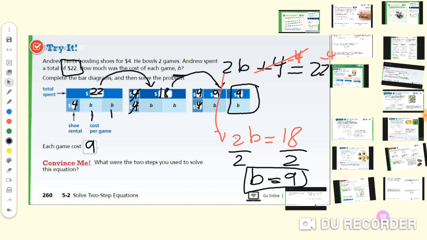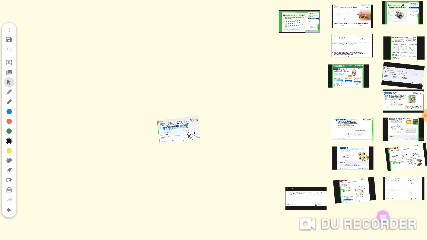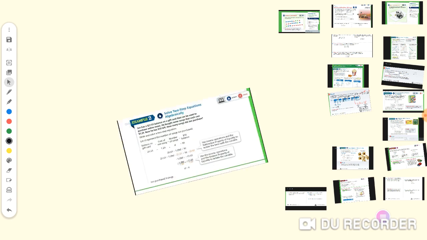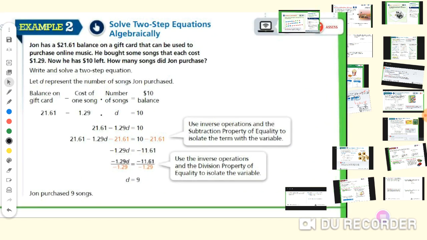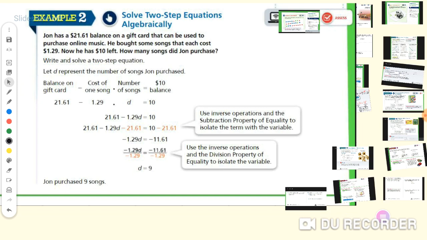Again, let's enrich our studying by taking another example. On the next page, I actually use a hard number, which is a decimal, and I will subtract and divide by a decimal.